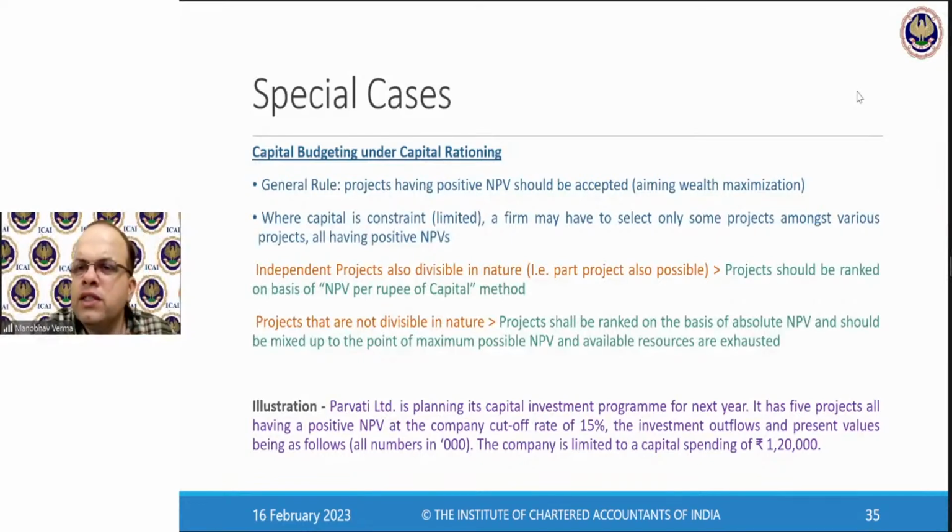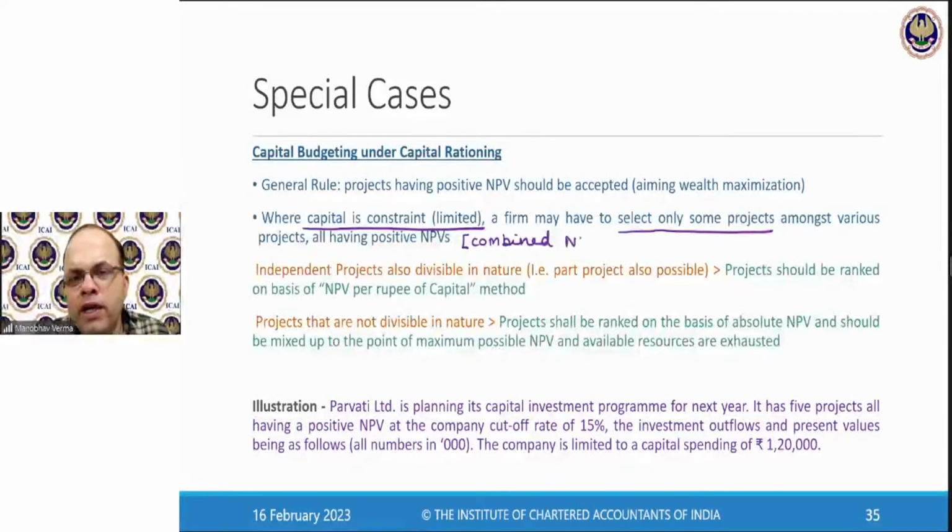So Dinesh, we're just now starting to discuss that, right? What I'm trying to say is that where my capital is constrained or limited, we may not be able to do all the projects with a positive NPV. We have to select only some projects, and the idea is that we are targeting a maximum combined NPV.